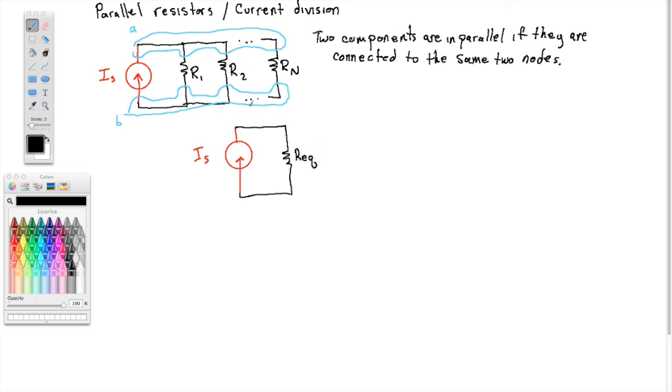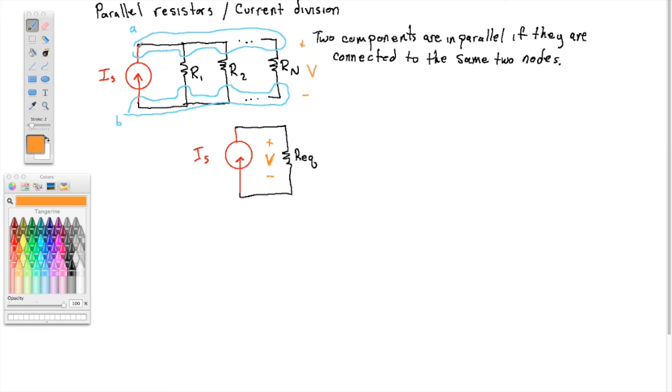Are these two circuits the same? No. Nope, this one has a bunch of loops, right? This one only has one loop. This one has a bunch of components. This one only has two components. So they're not the same circuit, but what is the same here? And the same is the voltage across. So call this V, and call this V.